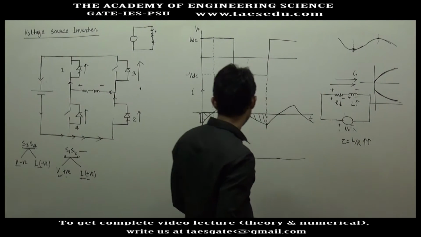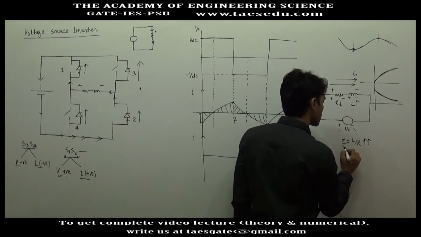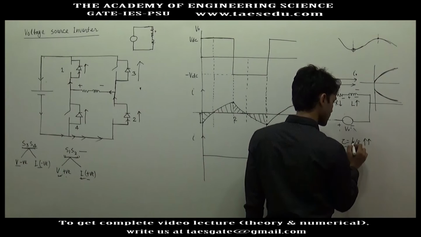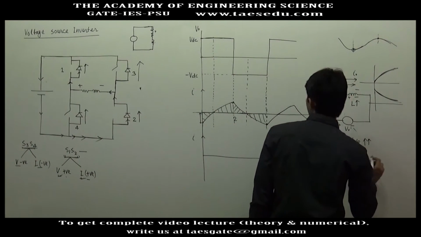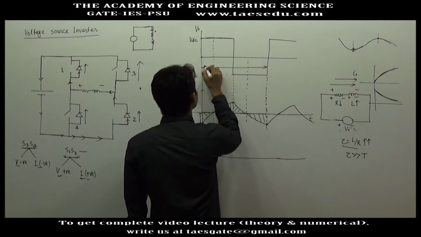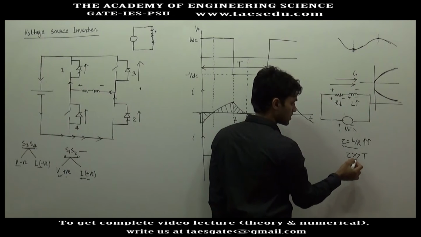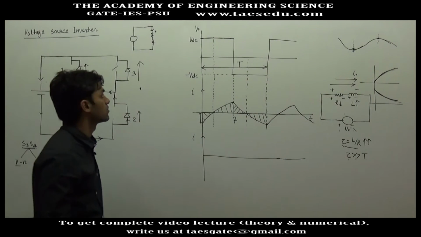Okay, I'm going to draw the waveform of output current when the time constant of this RL circuit, that is L by R, is much larger than the switching interval of the output voltage.